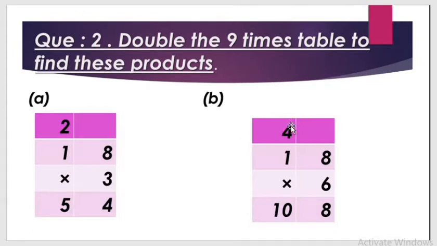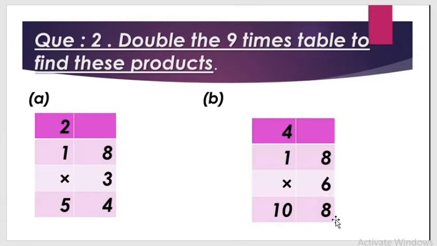Now question number B, 18 sixes is equal to how many? We count one by one, step by step. First 6 multiplied by 8, then 6 multiplied by 1. 6 eights are 48.